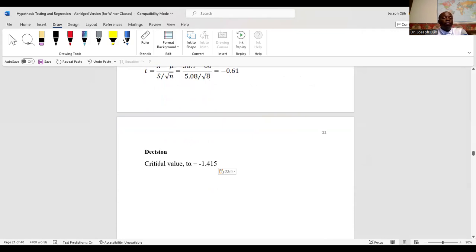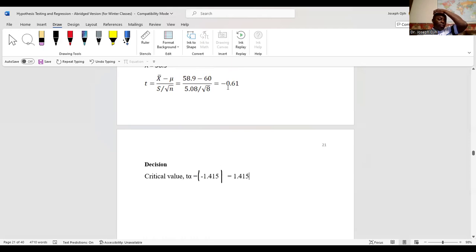I have this critical value, and like the previous one, we're going to make it absolute value. Let me put it right there, equals 1.415.